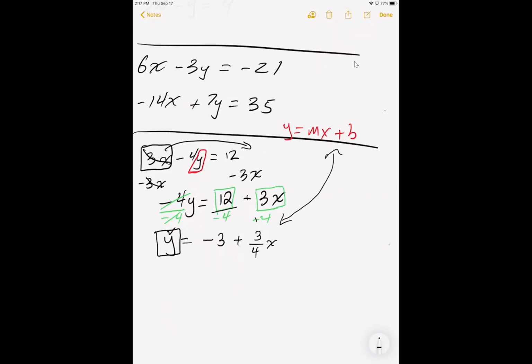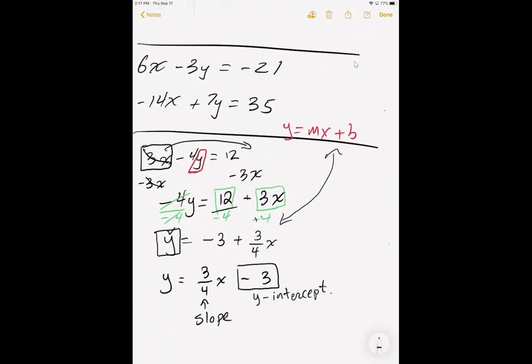If you want to keep it consistent, you can just move your x item to the front and your constant to the back. Because if it's in this form, anything in front of the x is my slope, and any constant is my y-intercept.